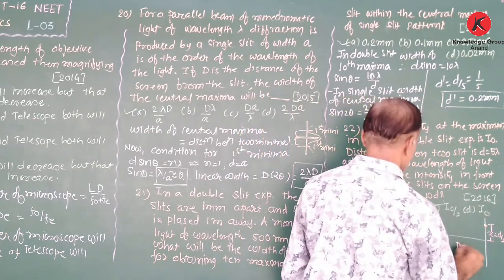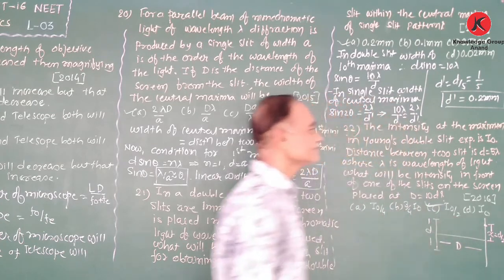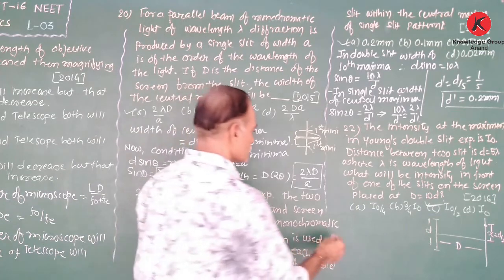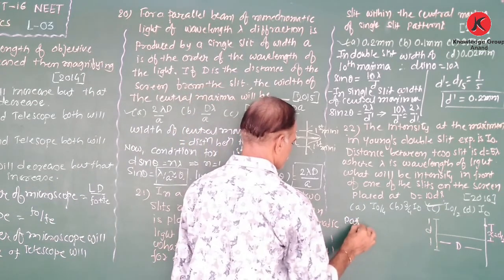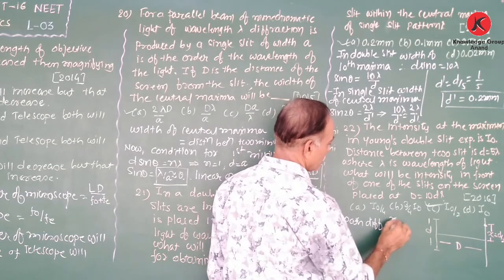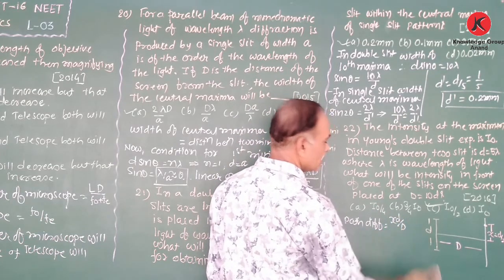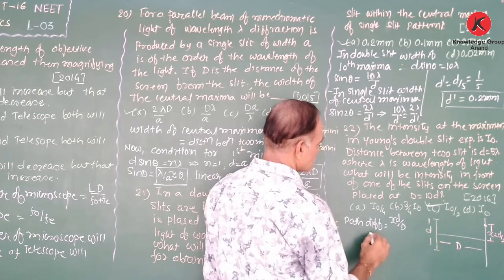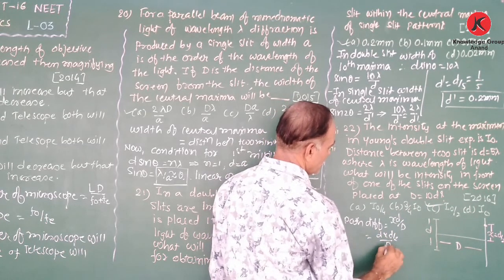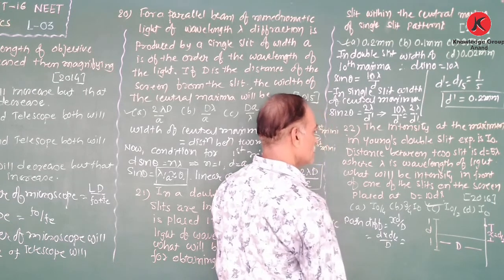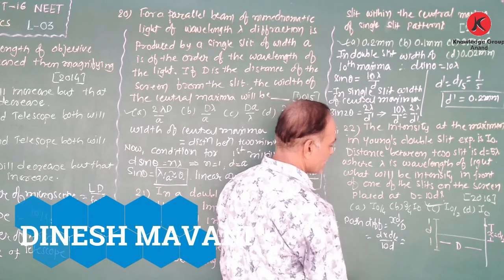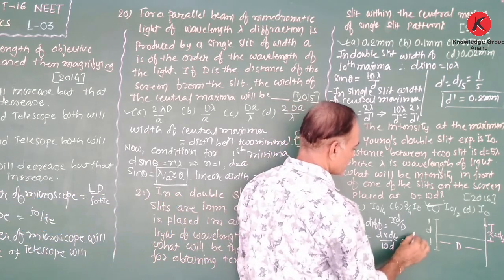And this distance is capital D. Therefore, path difference is equal to xd upon D. So x is equal to d by 2 upon D. Capital D is given as 10d. So d and d cancel. Therefore, d by 20.